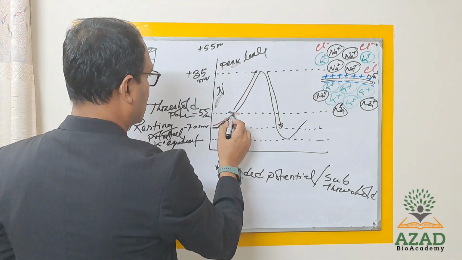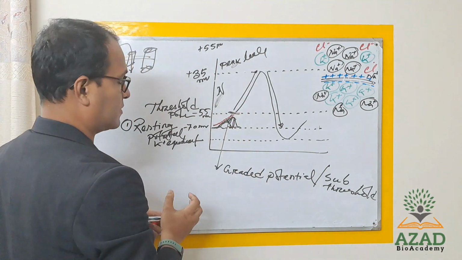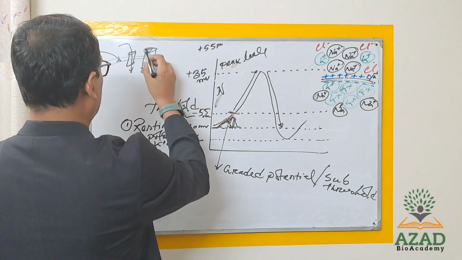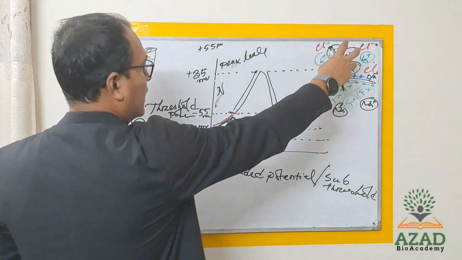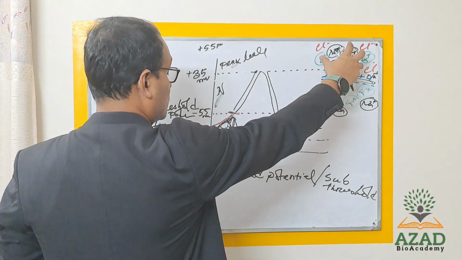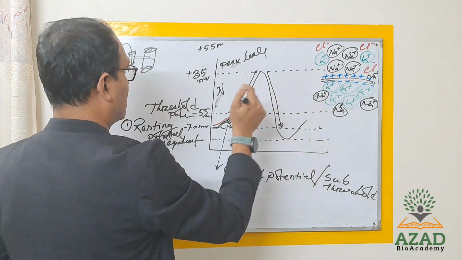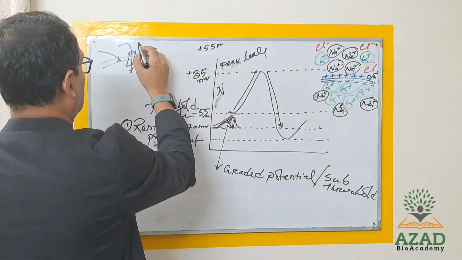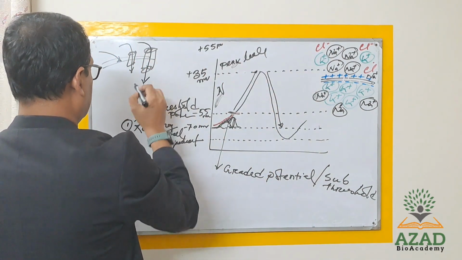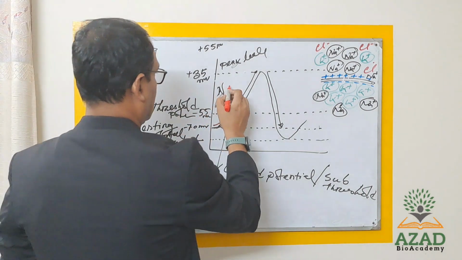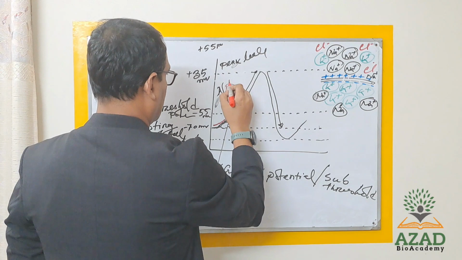When the threshold level is reached by the stimulation, the voltage gated sodium channel will open, and as sodium is more abundant outside of the cell, it will enter through the voltage gated sodium channel. That means sodium will enter.